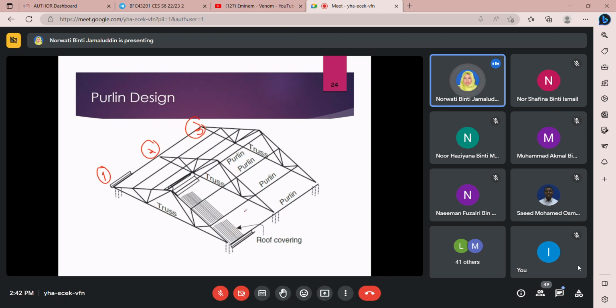In order to accommodate the roofing system or the roof covering here, of course you need purlins. A purlin is a member that runs from one truss to another truss. It is like a beam also. It is a bending member. Purlin is a bending member.